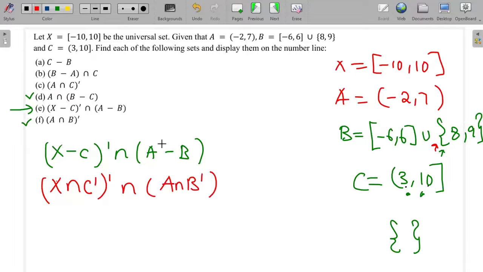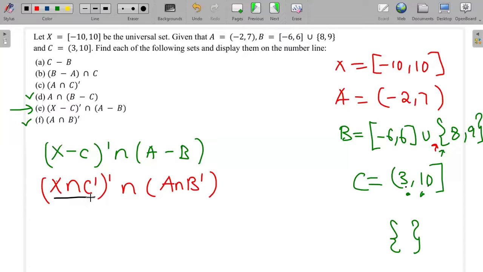Now in this first bracket here, there's a very special property that I want to bring to your attention. X represents the universal set, and the universal set has been given from -10 to 10. And then C is from 3 to 10. So what will be in the C complement? It will just be everything from -10 to 3.